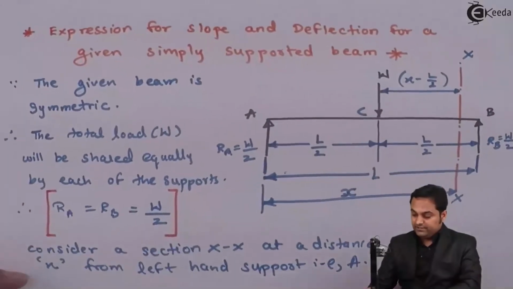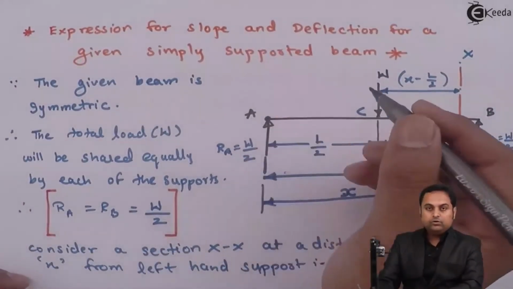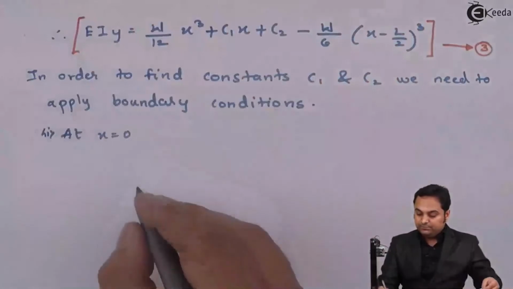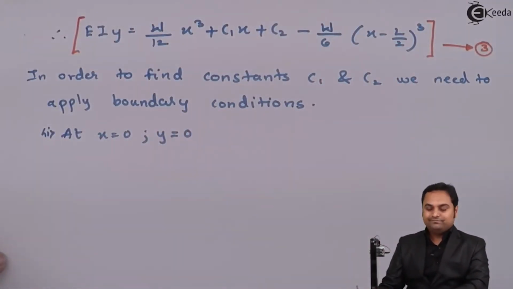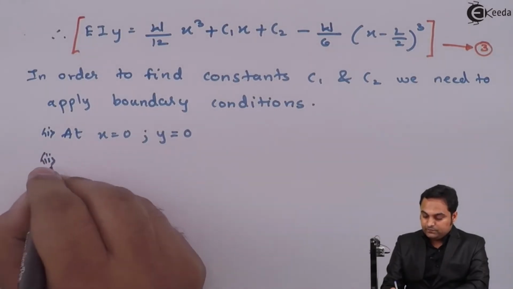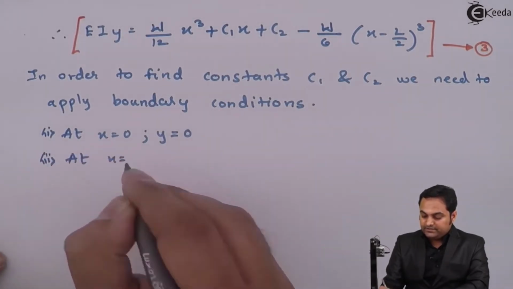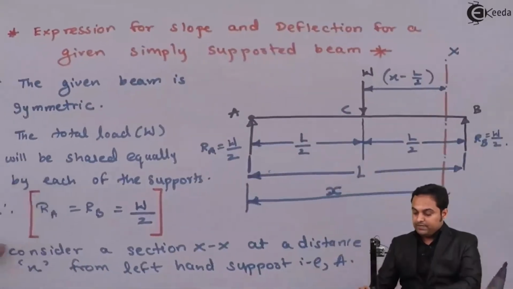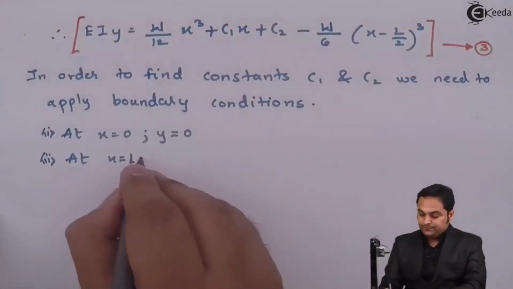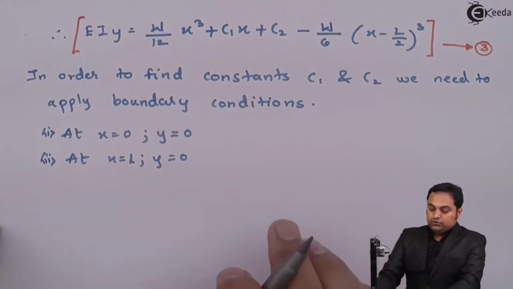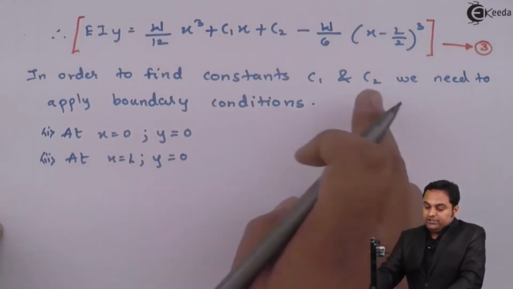Here if we see in the diagram, when x is 0, the deflection y is 0. So at x is equal to 0, y is equal to 0. Next, at x is equal to capital L, that is up to point B, here also deflection y is 0. So we are going to put this boundary condition in equation 3.